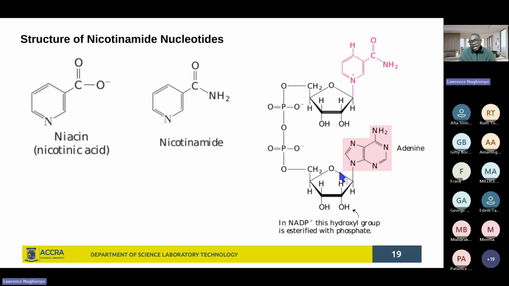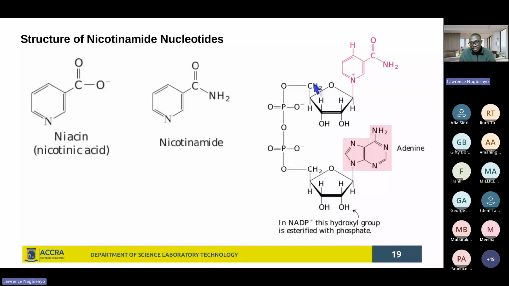Now, what you see is that this is a dinucleotide. You see, this is one nucleotide. Below here, you see the ribose sugar, on which you have adenine. And on carbon number 5, you have a phosphate group. That phosphate group is bonded onto the phosphate group on the second nucleotide.